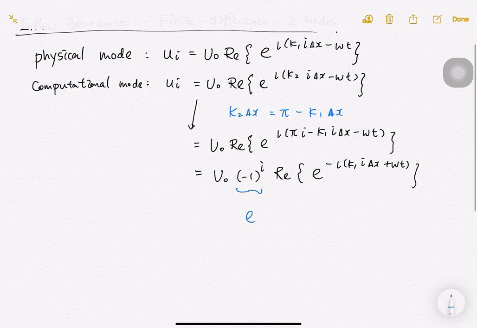This is due to the fact that e to the power of iota i pi equals minus 1 to the power of i.